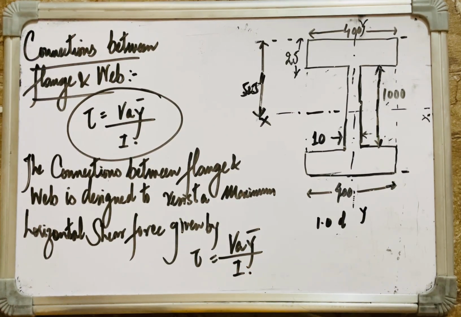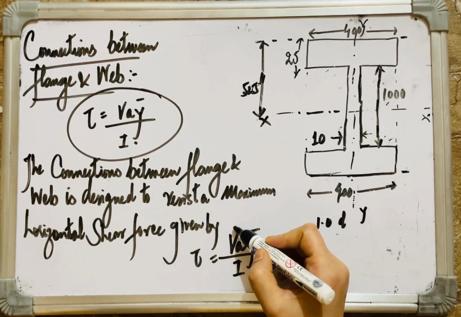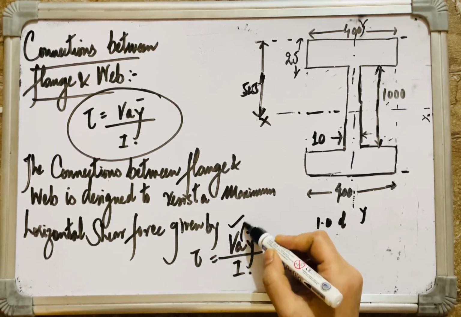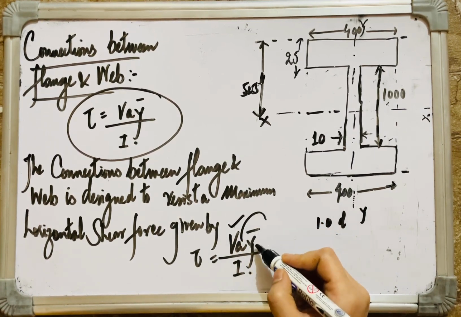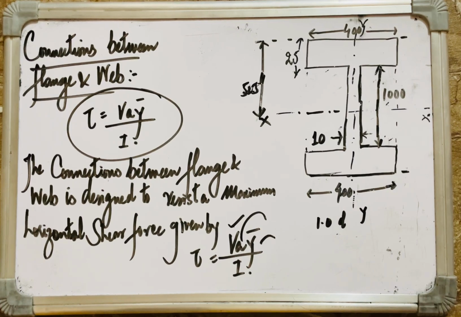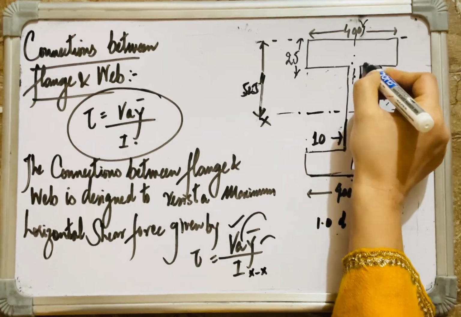Where V is the shear force at the section, A is the area of the flange, y bar is the distance of the centroid of area from neutral axis, and I is the moment of inertia about the x-axis. So let us substitute the values and we'll have the maximum shear force at the junction of web and flange here.